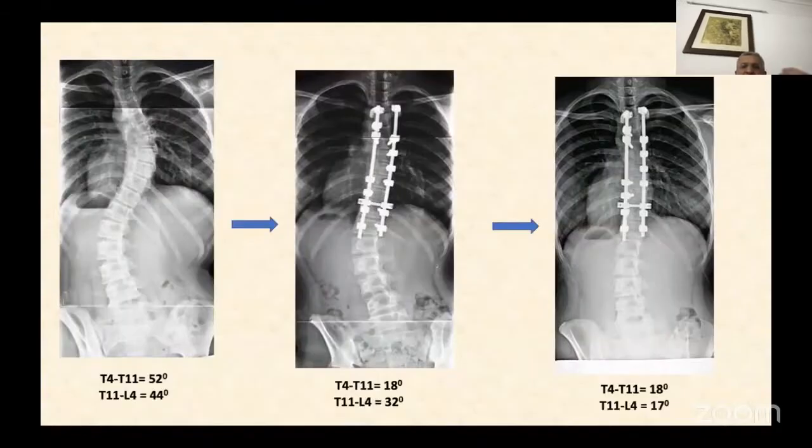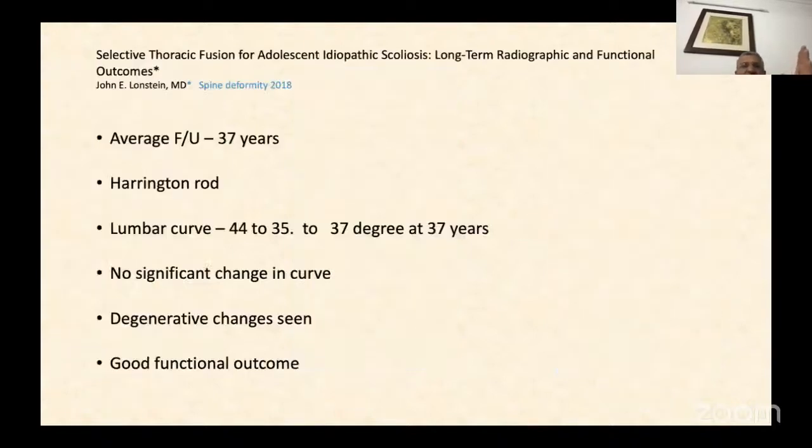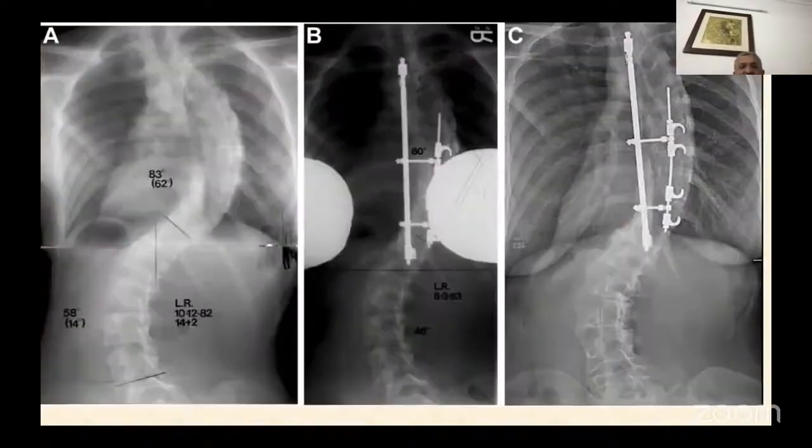So see the amount of correction that happens over a period of time as the patients mature, and over a period of time there is a body straightening response which tries to compensate for the tilt. And these results have been shown over a period of 37 years. This is one of the latest articles, published in 2018 by Lenke et al. Okay, this is an example from their series.